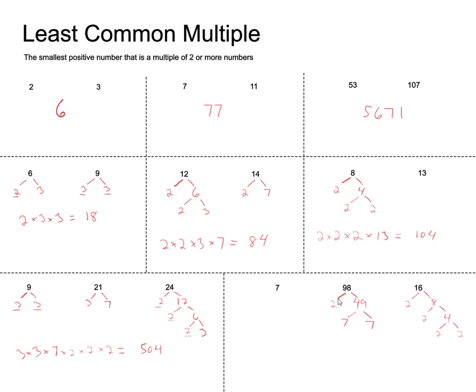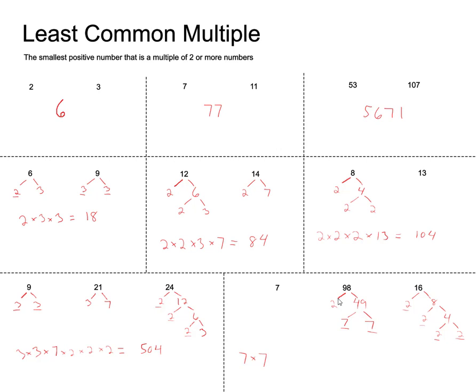So now let's drop down the maximum number of times each factor appears. So 7 appears once in the factorization of 7, but it appears 2 times in the factorization of 98. So we're going to drop down 7 2 times. The only other factor we have here is 2. 2 appears only once in the prime factorization of 98, but it appears 4 times in the prime factorization of 16.